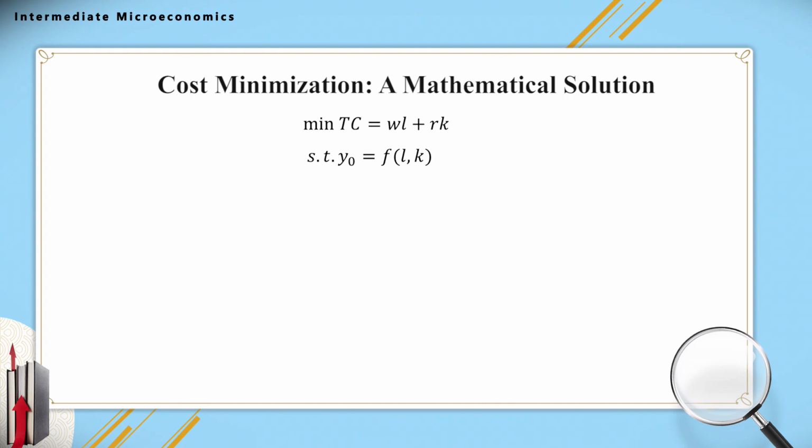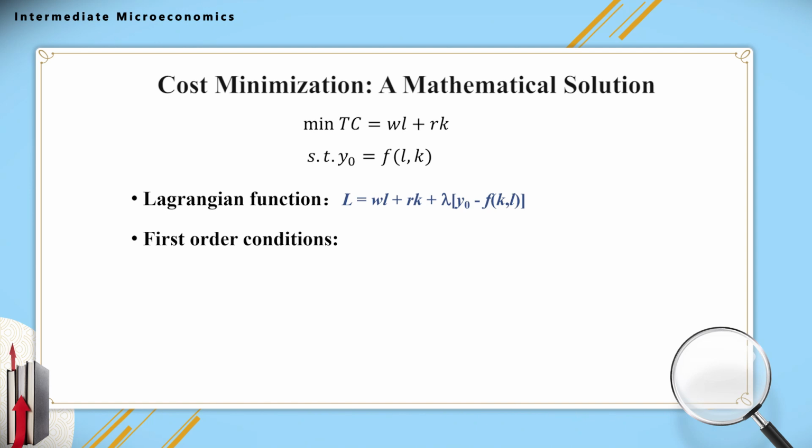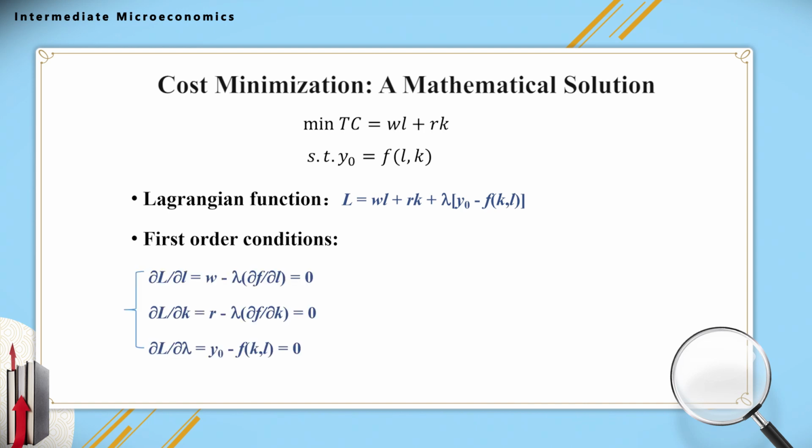Next, we derive the mathematical solution to this cost minimization problem. First, we set up the Lagrange function given our objective function and constraint. The choice variables in this function are L and K. Then, taking the first-order partial derivatives with respect to the input quantities of the two factors and the Lagrange multiplier lambda, we obtain three equations from the first-order condition.